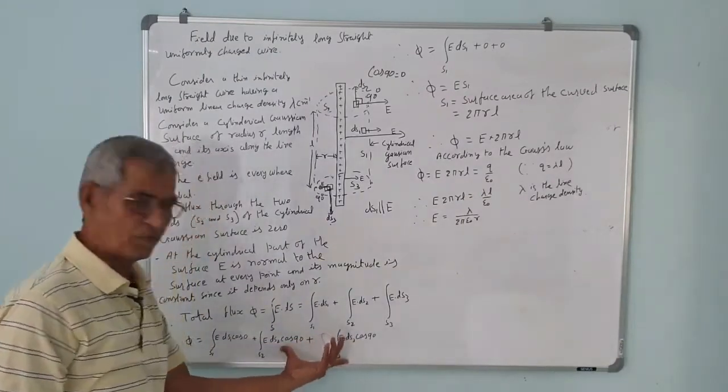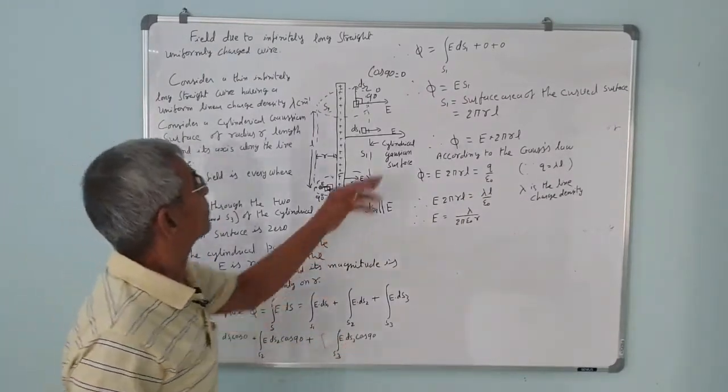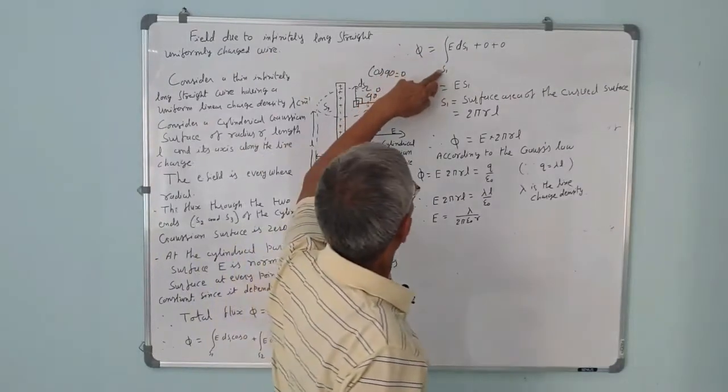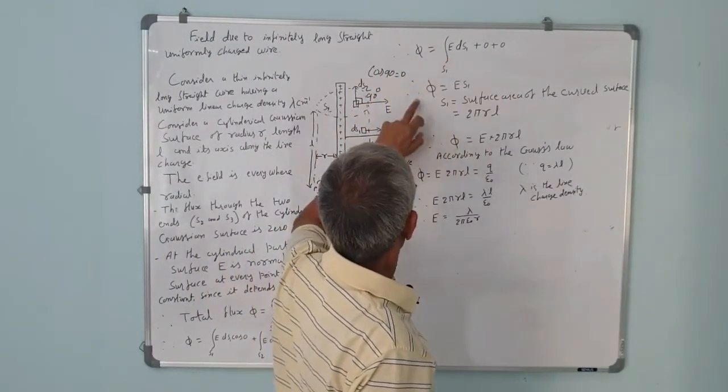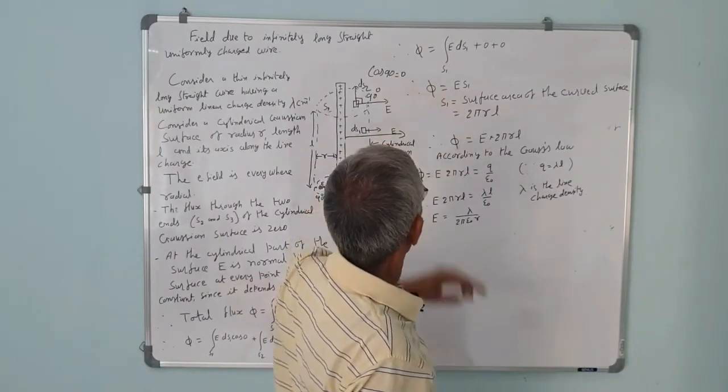Here S1 is the curved surface, and ds1 is a small element of it. ds1 and E are parallel, so the angle is 0. The last two terms are 0, since cos 90 is 0. So the total flux phi is the surface integral over S1 of E ds1. Therefore phi is equal to E S1.